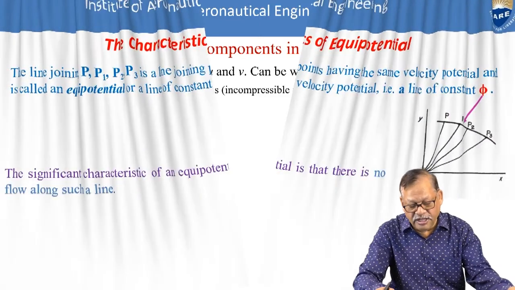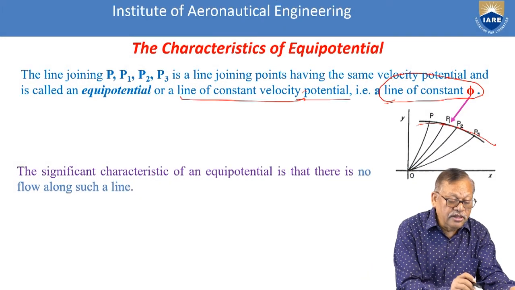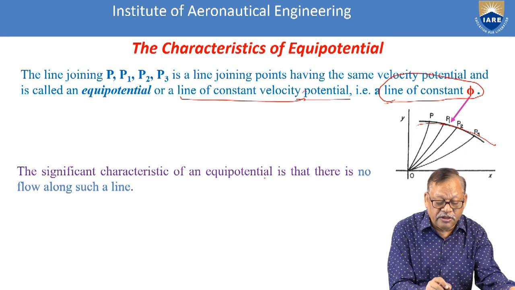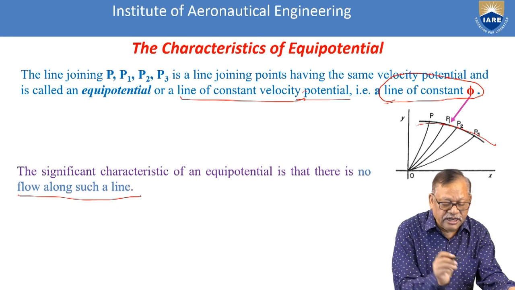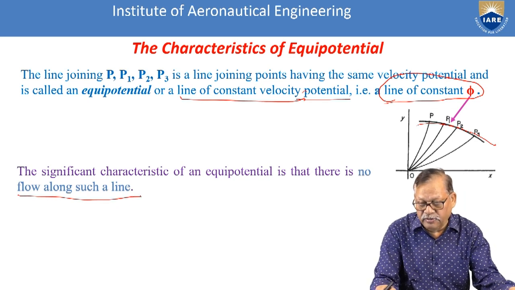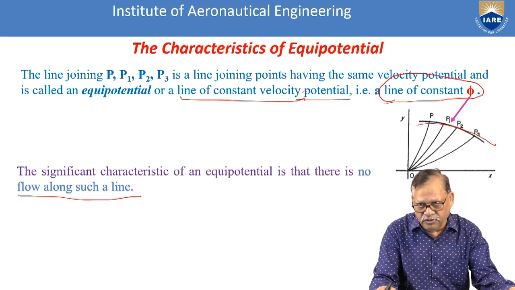One more significance: the significant characteristic of the equipotential line is that there is no flow along such a line. These are the key points we should concentrate on.